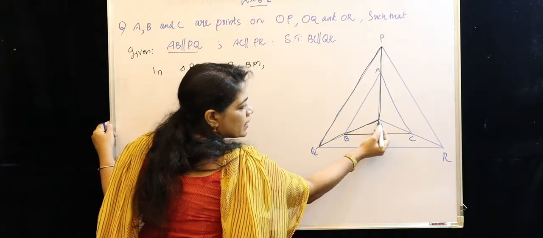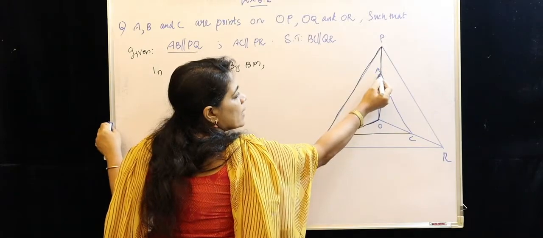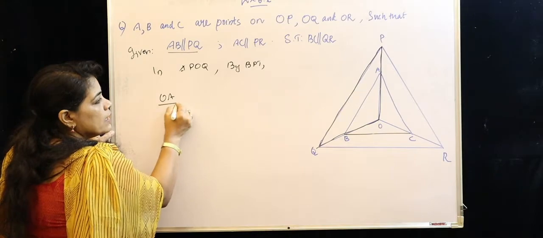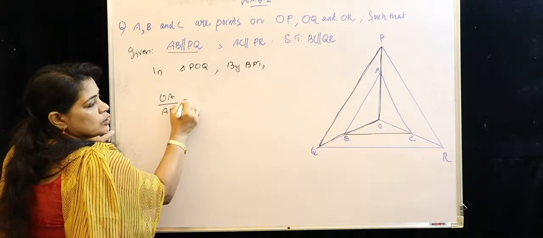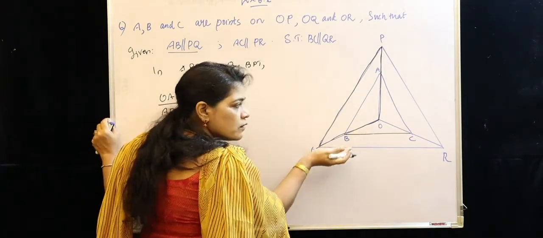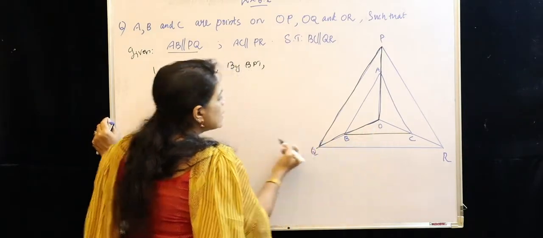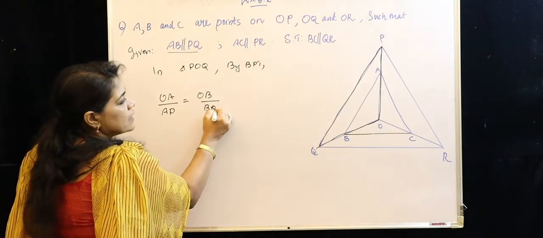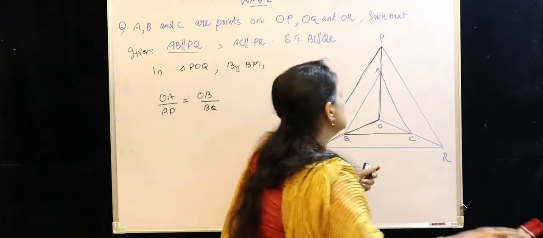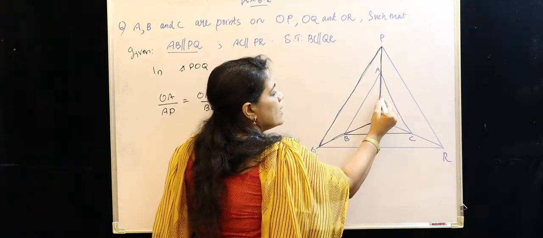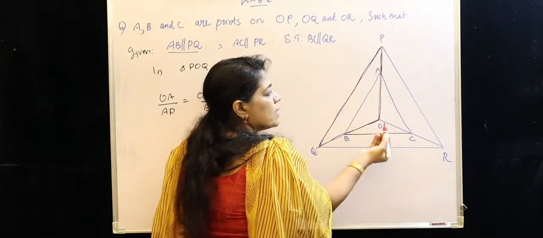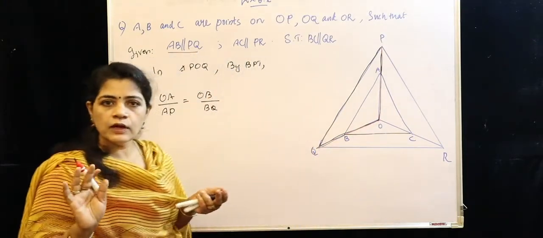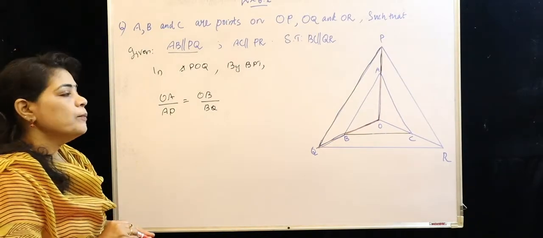From this vertex O, we can write OA by AP equal to, if you start from this vertex, this side also you should start from this vertex, that is OB by BQ. Idea is clear, children? That means I consider this side, that is OA by AP, and in the same way OB and BQ, since AB is parallel to PQ. Let this be equation number 1.